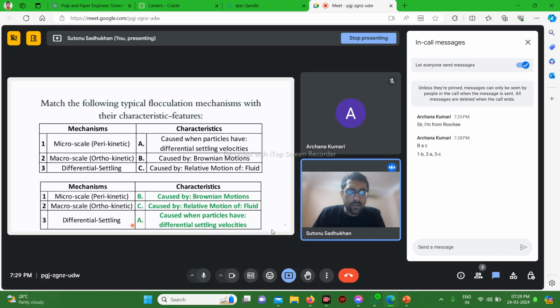Yeah, you have answered B. So B you have identified. Settling velocity is based on the differential settling velocity. The only thing left is 2 is C. So there is no confusion that 3 is A, right? Only the confusion was 2, but it was the only one left. So I think it should have been answered correctly.